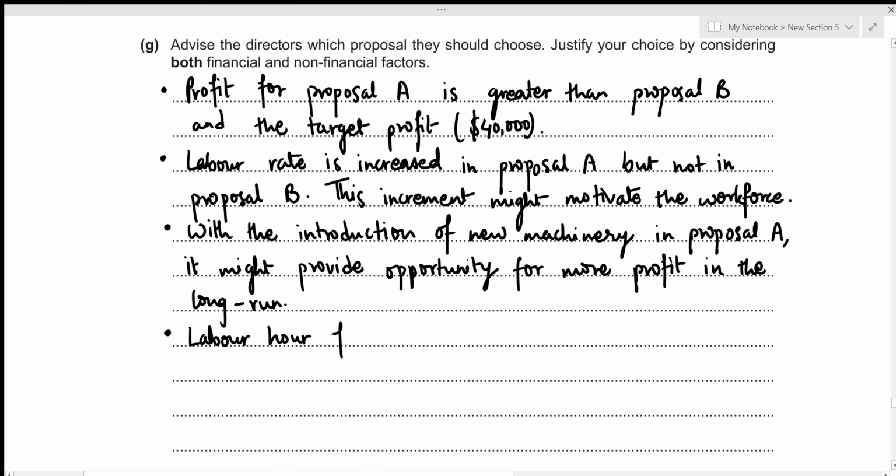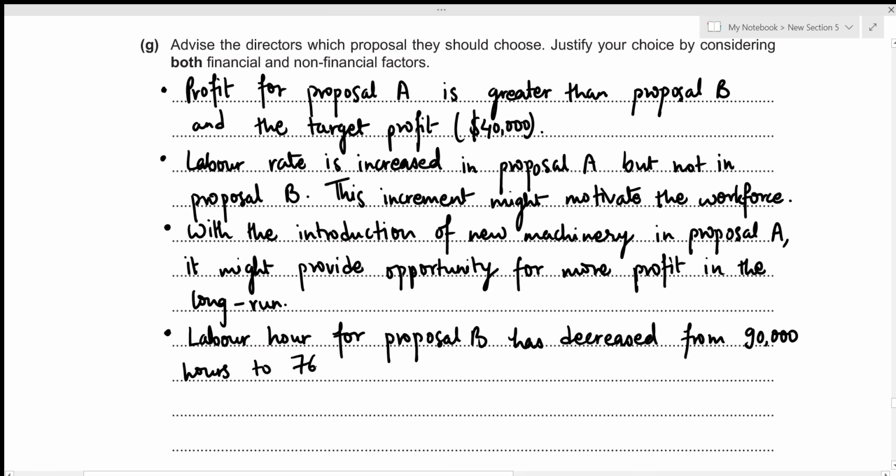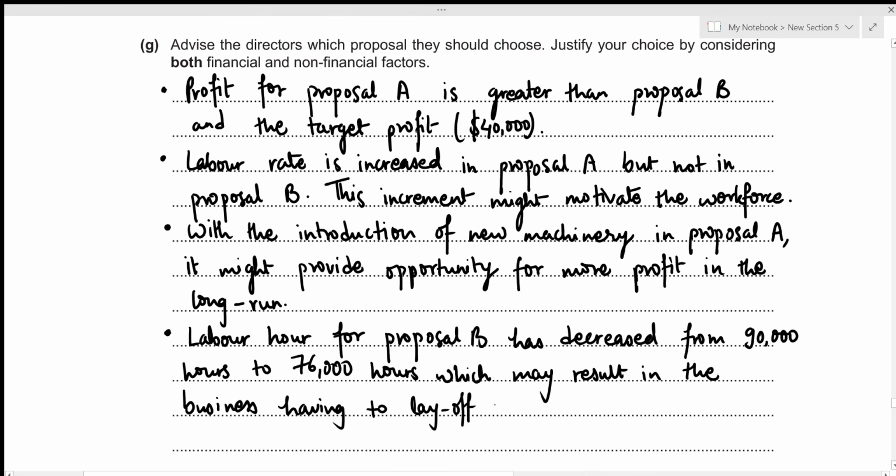So labor hour for proposal B has decreased from 90,000 hours to 76,000 hours, which may result in the business having to lay off some of its employees.